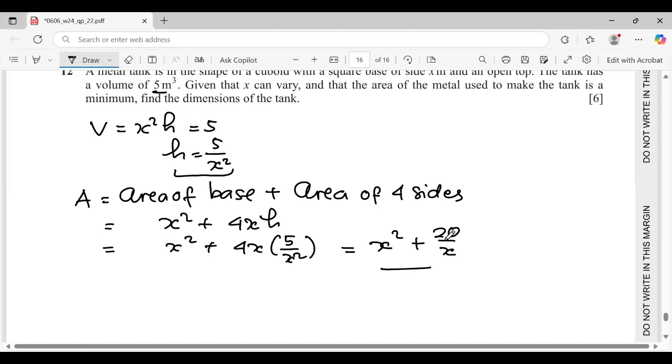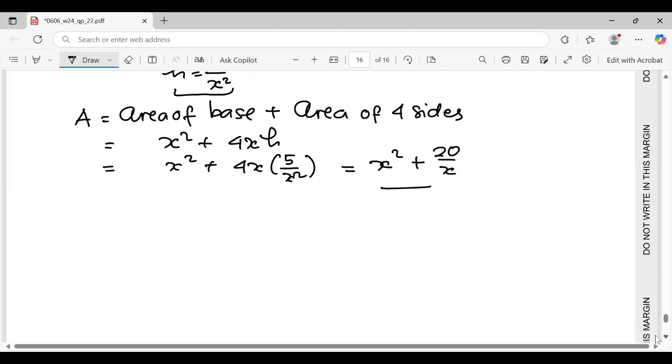The next step, we are going to minimize the surface area. So I will set dA/dx, the derivative of this function, equal to 0. So 2x minus 20 over x squared equals 0.